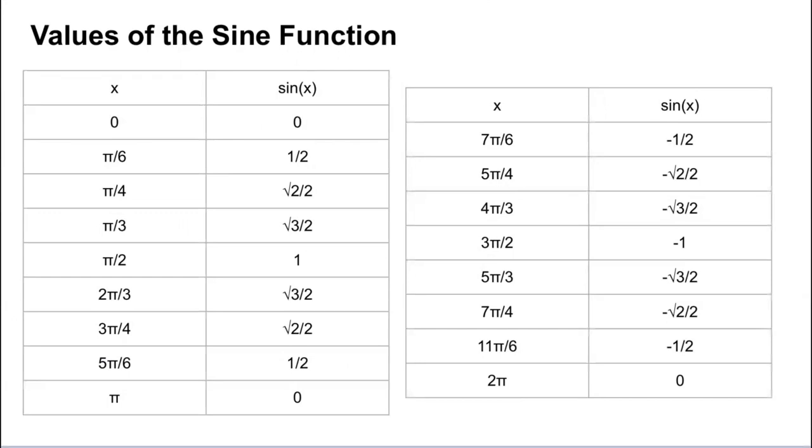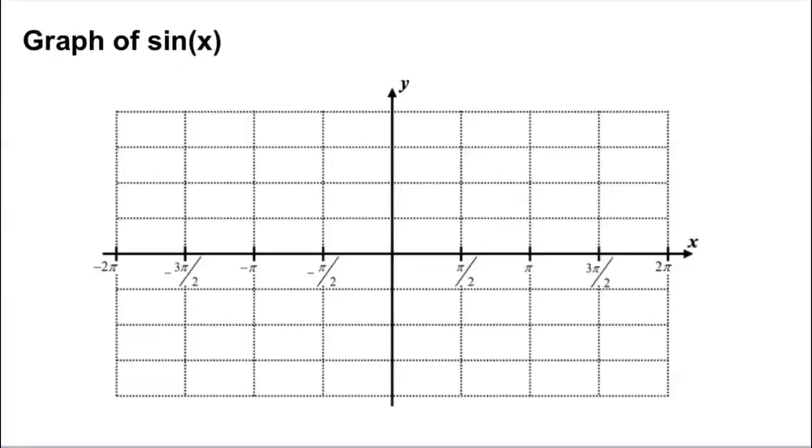So now we have this empty graph of sine right here. And here is where we're going to actually go through the graph of sine of x. And you'll notice that on the x-axis, you only see 2 pi, negative 3 pi over 2, negative pi over 2. We don't really see any pi over 4s. We don't see pi over 6.